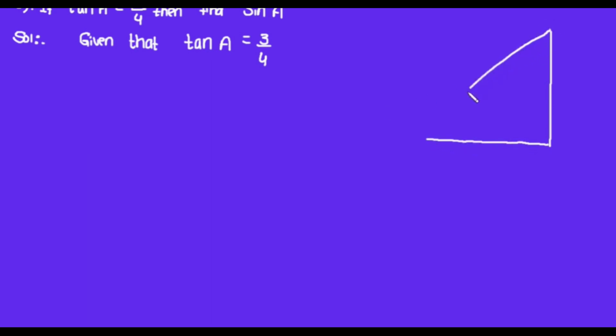Now draw a right angled triangle ABC. From the figure, opposite side to angle A is BC. That means BC equal to 3, and adjacent side to angle A is AB. That is equal to 4.